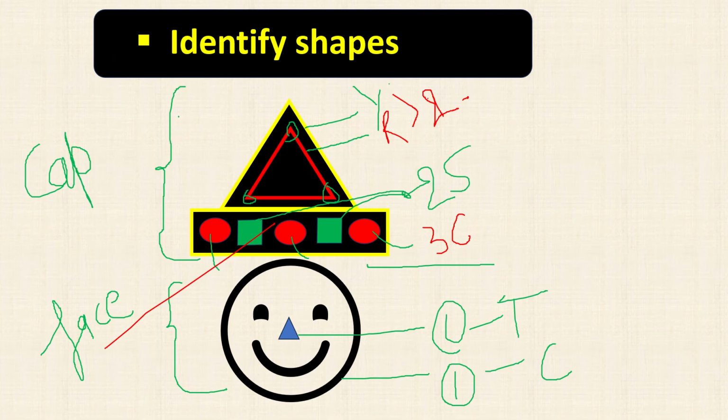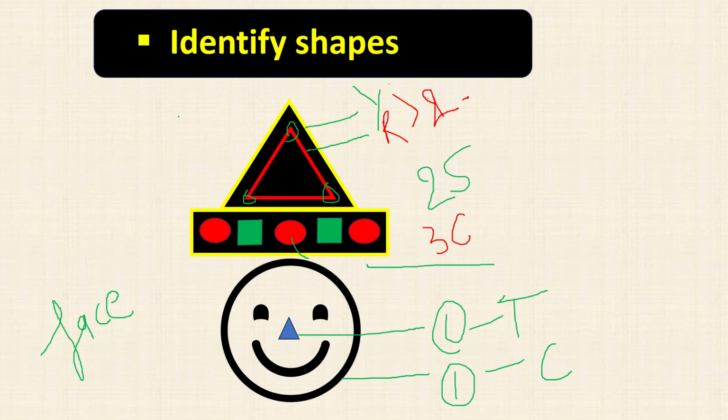Clear? There is no rectangle or square in his or her face. So over here there are two triangles, two squares, and three circles in his cap.